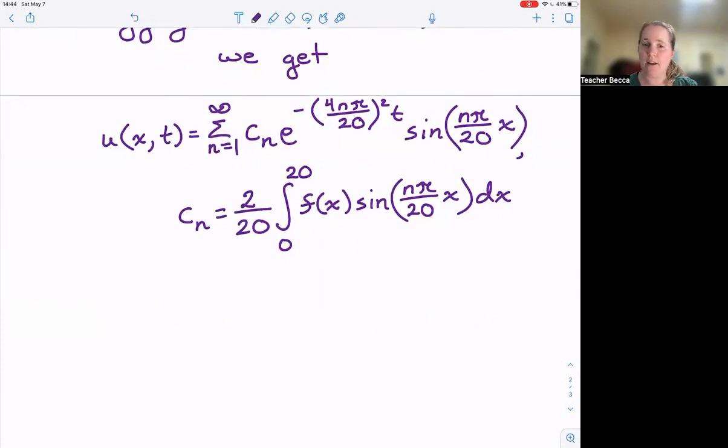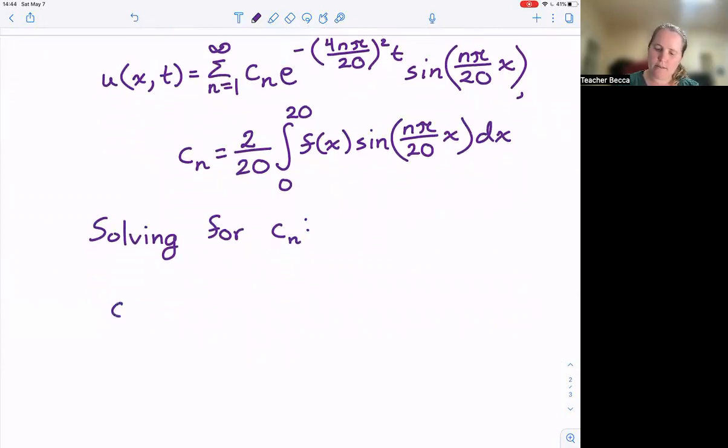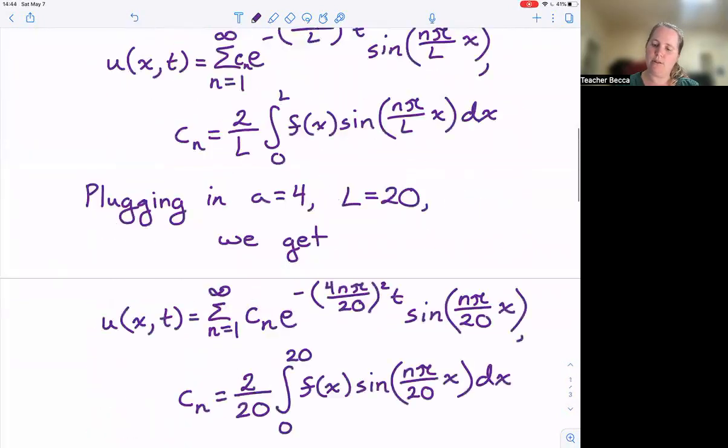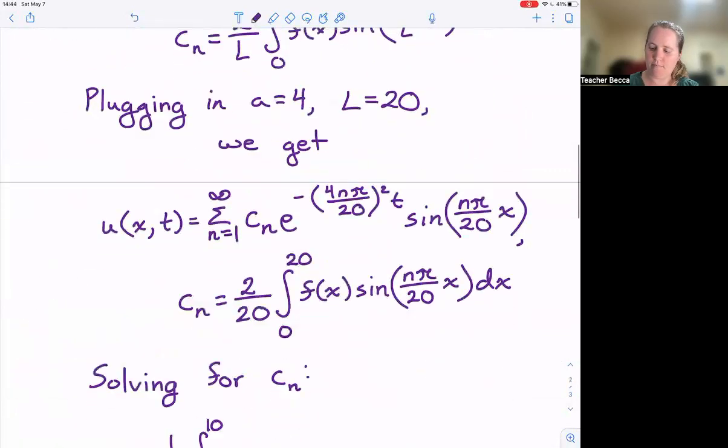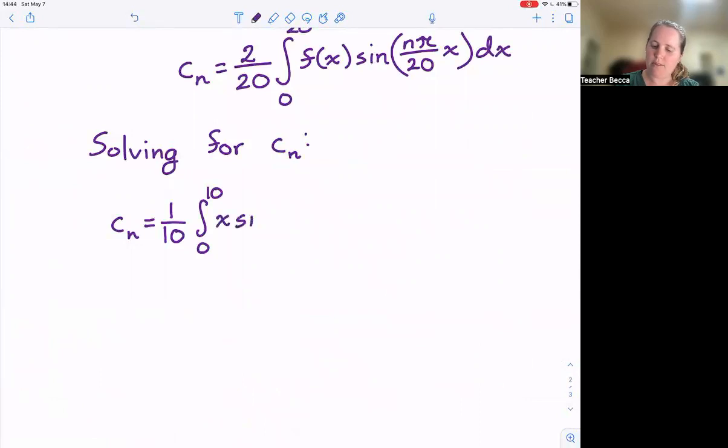But we do have our f, so solving for c sub n, we have c sub n is equal to 1 over 10 times the definite integral from 0 to 10 of f of x, which between 0 and 10, f of x was equal to x, times sine of n pi over 20 x dx.